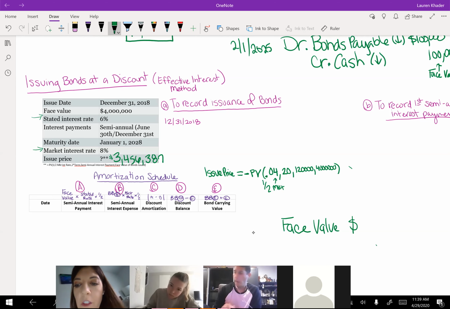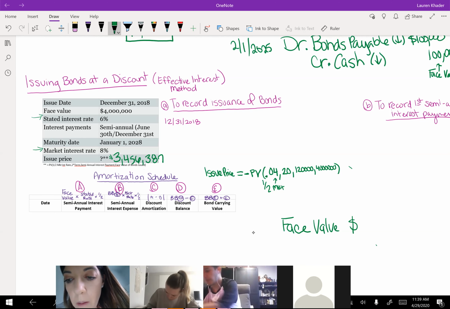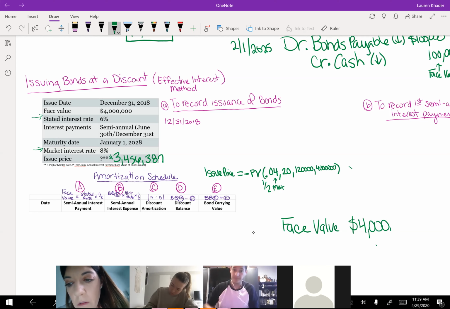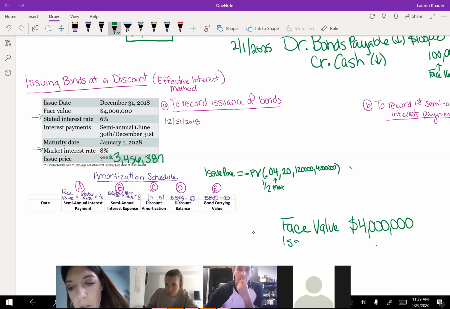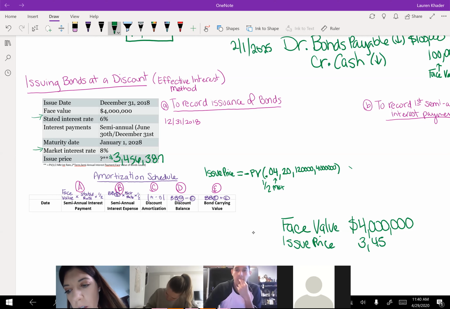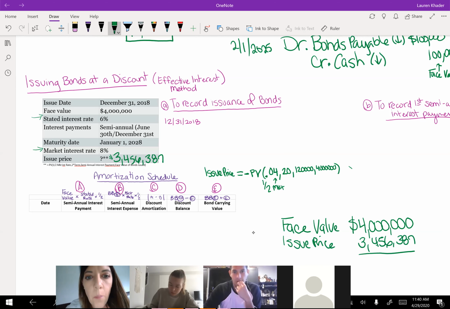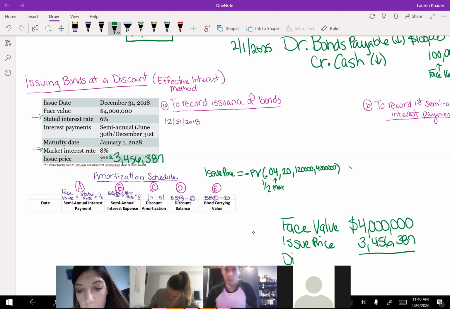To find the discount value, or how much we discounted the bonds, we take our face value, which was 4 million, and compare that to the issue price, what we issued the bonds for, 3,456,387. To incentivize people to purchase our bonds, we discounted those bonds by the difference.